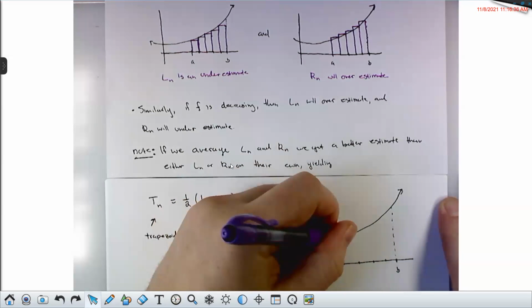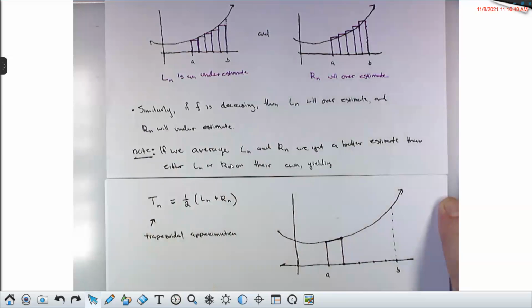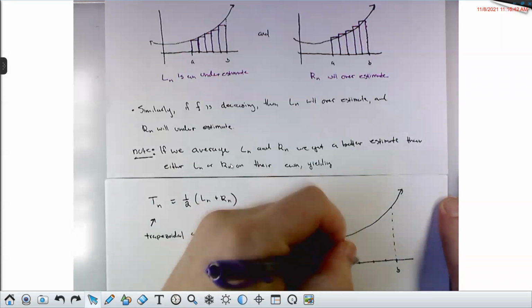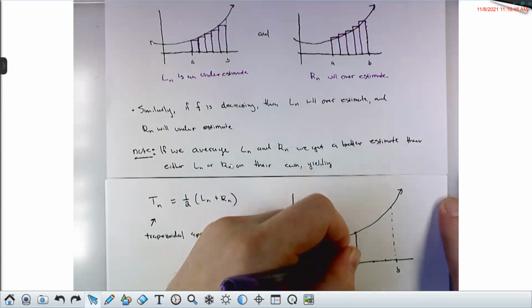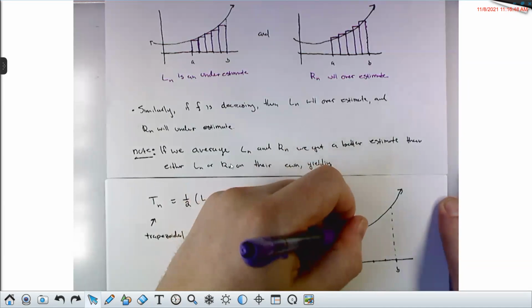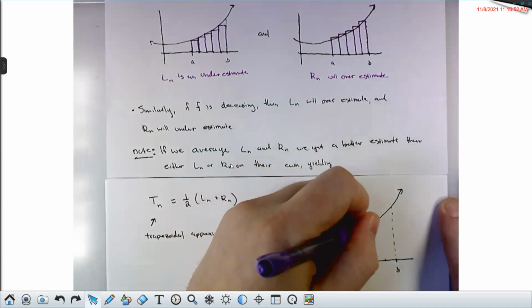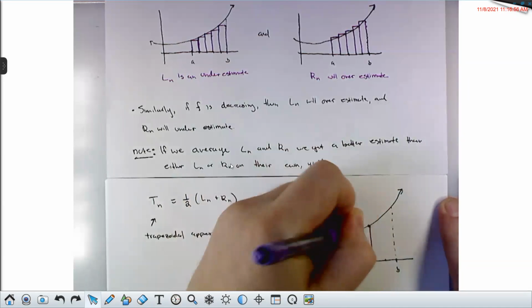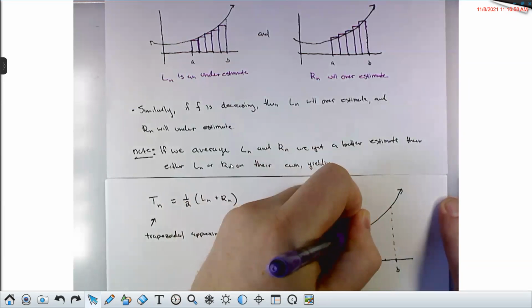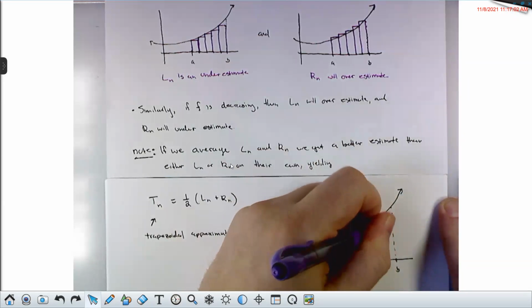Instead of a rectangle, you're approximating each piece there by a straight line. And this is actually a really good approximation for most functions.